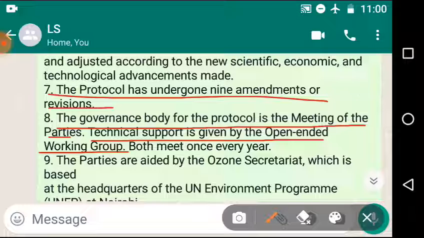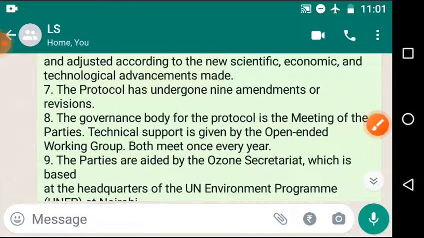All the parties, members of this protocol, they meet, and technical support is provided by the open-ended working group. What does open-ended working group mean? There is no fixed group. All the technical support from governmental as well as non-governmental organizations will help together, to make this protocol finally come into act. And both meet once every year.